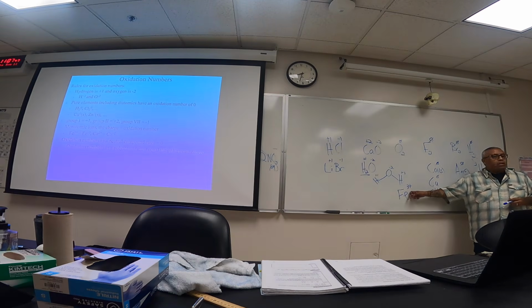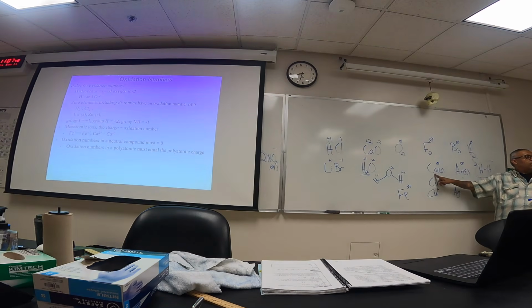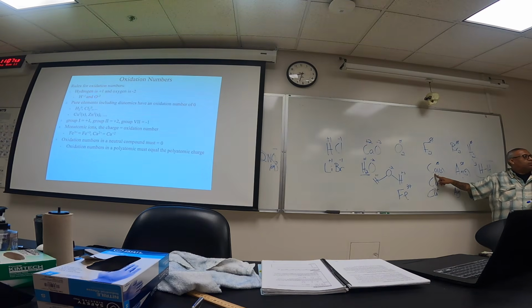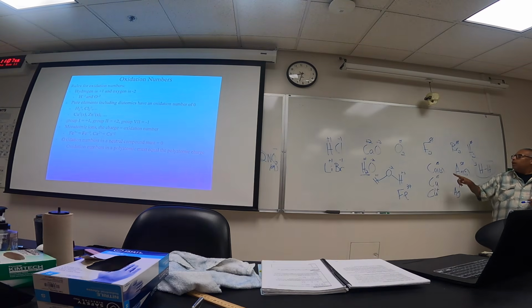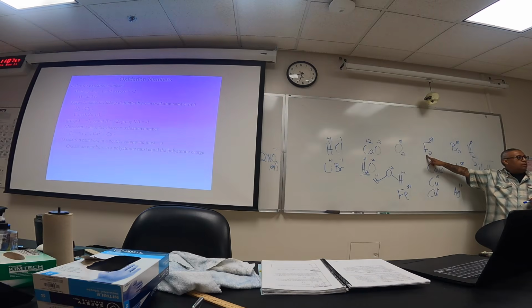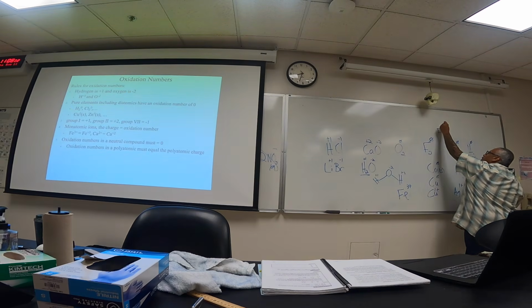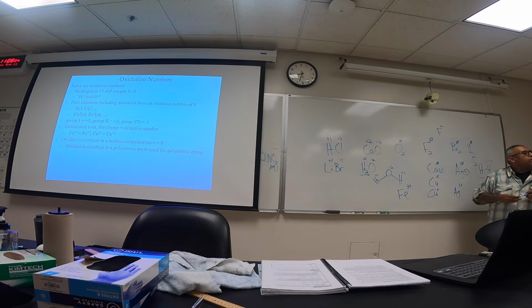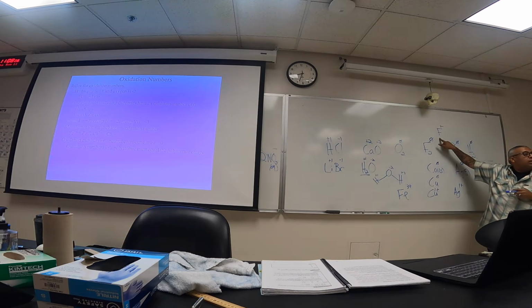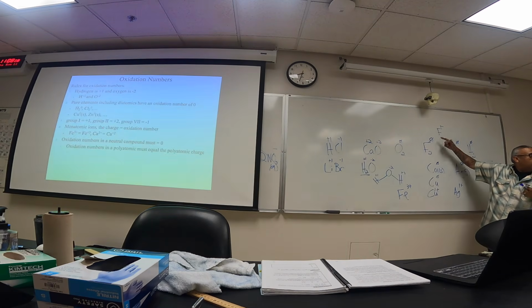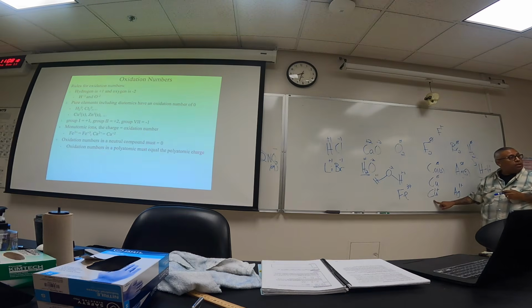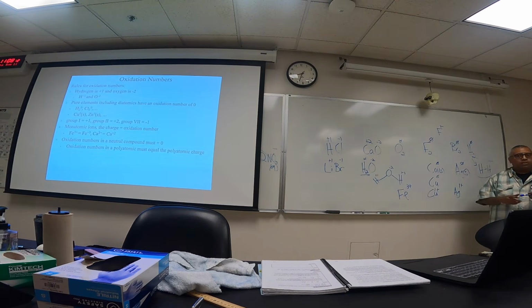It's an ion. Is this an ion? Do you see a charge on it? No. Is it an ion? No. Right? Is this an ion? No. Is this an ion? Yes. This is a monatomic ion. Okay? Monatomic ion because it's by itself and it has a charge.